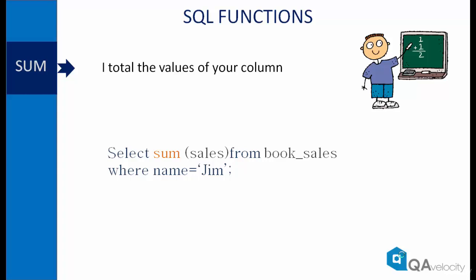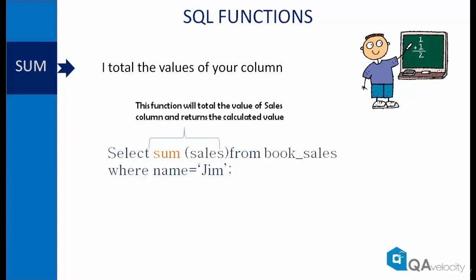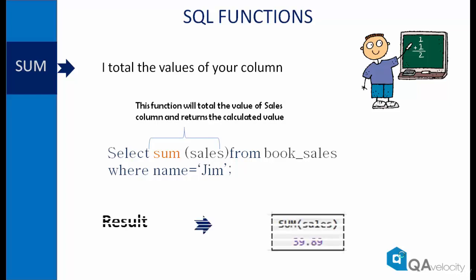So here this sum function will total the values of the sales column based on the condition and return the calculated value. So the result would be the total of sales amount.